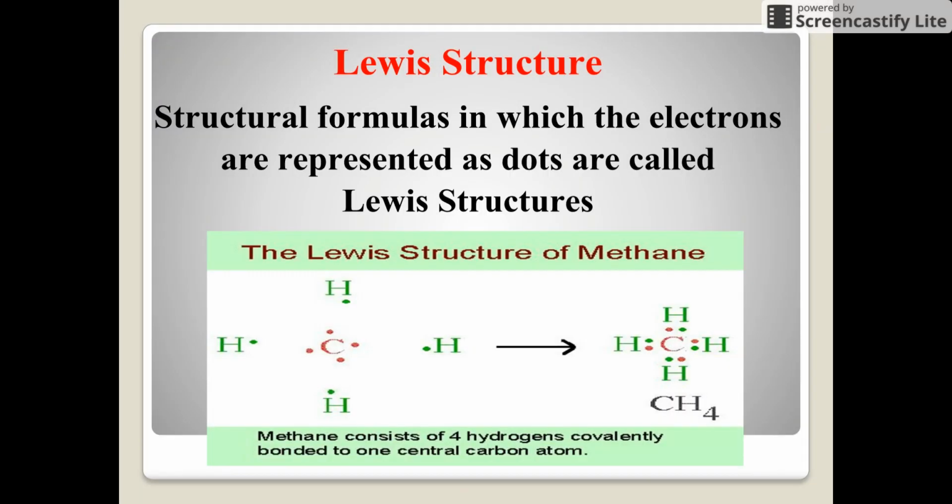He also came up with a way to draw out the atoms and show how they are coming together and sharing their electrons. This is called the Lewis dot structure, or just Lewis structures. You do not need to know how to do this. You just have to be aware of its existence, and you mostly need to know how to do the Bohr models, which we have already done.